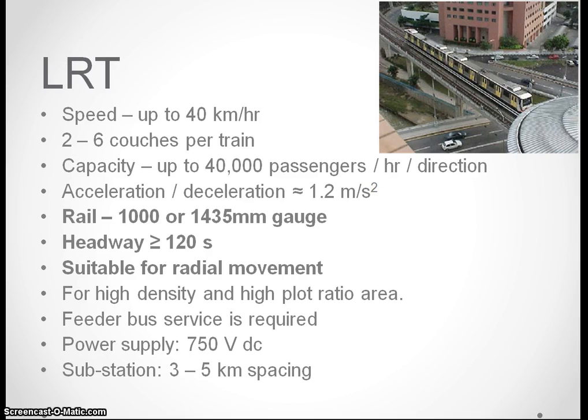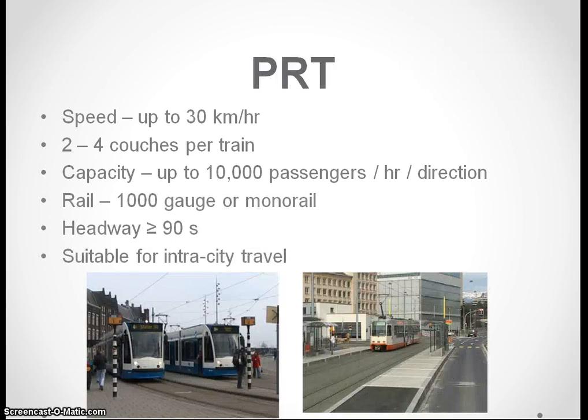Headway is 120 seconds, and because the capacity is quite high, it is suitable for radial movement, and also for high density and high plot ratio area. And we need also feeder bus to ferry people to the final destination. The power supply is 750 volt direct current, and we need substations at between 3 to 5 kilometer spacing.